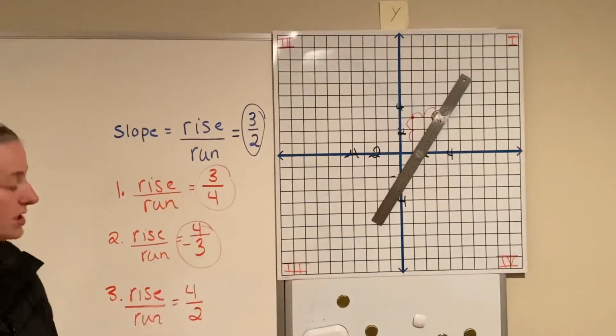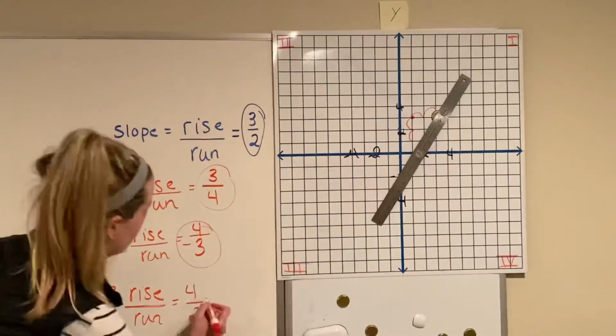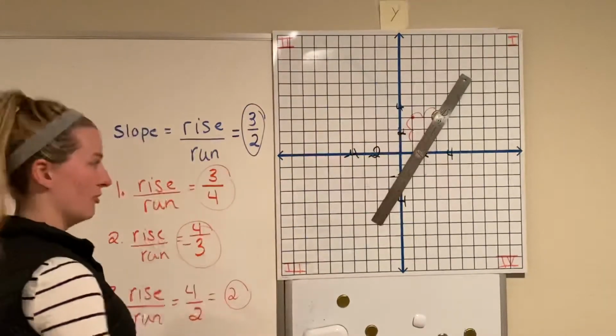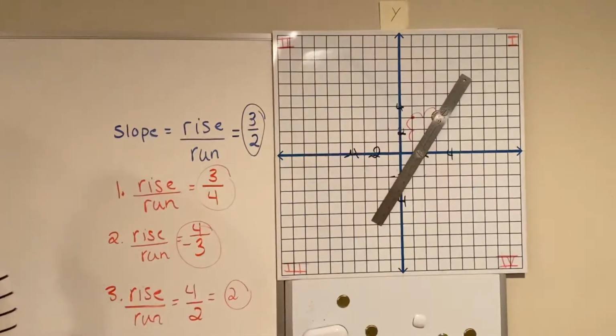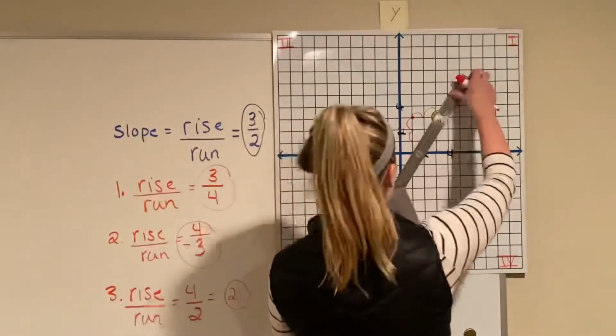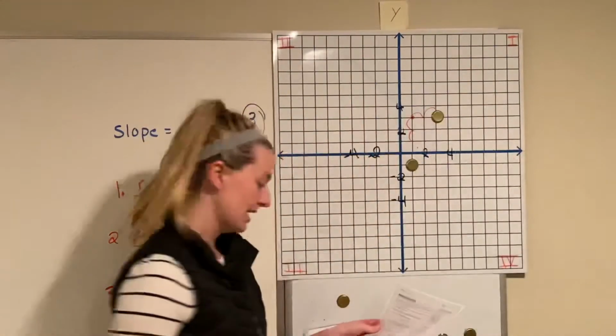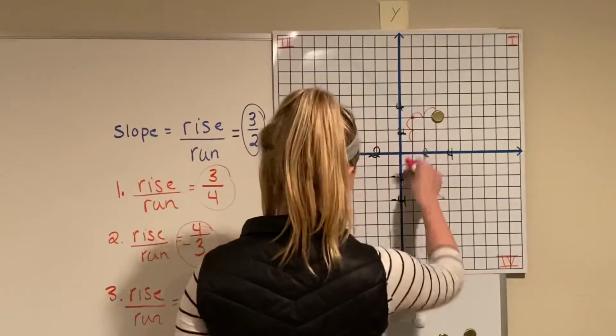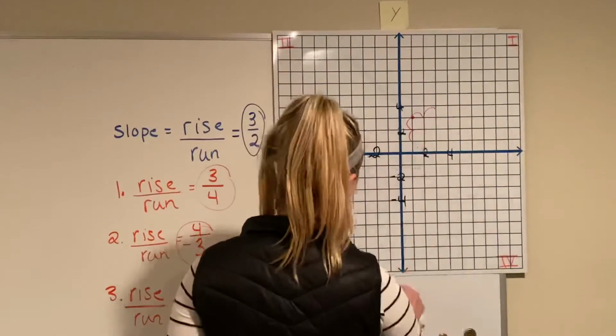If we have 4 over 2, that can really just be reduced to 2 over 1. But our slope for this particular problem is just 2. All right, let's look at our next set of examples, 4 through 6. Clear our board.